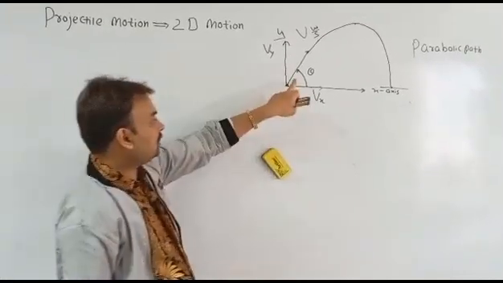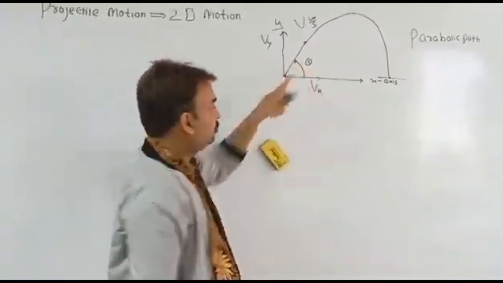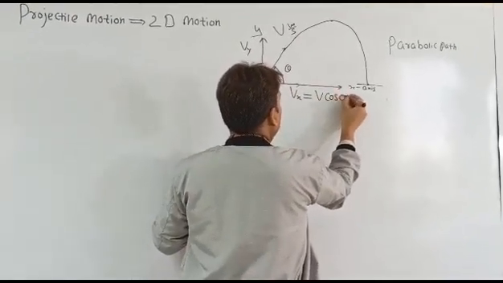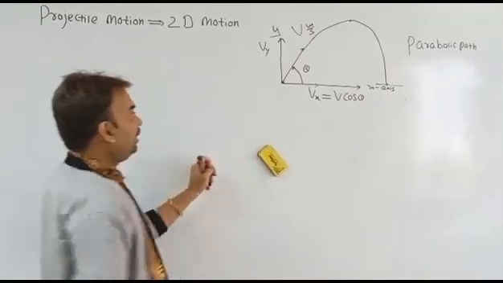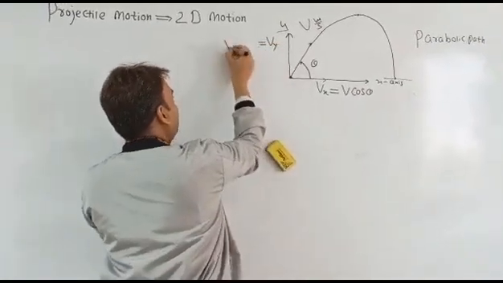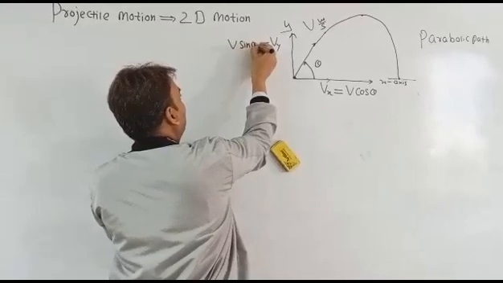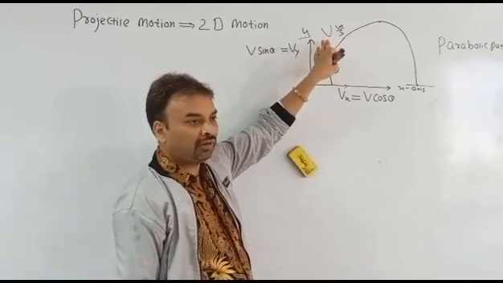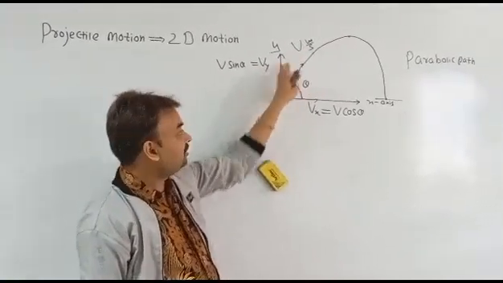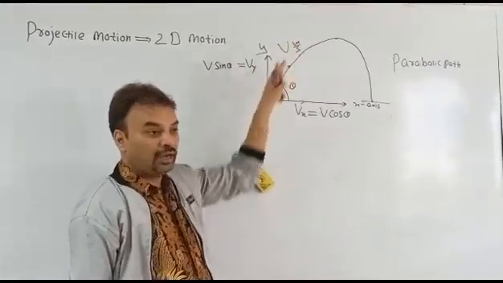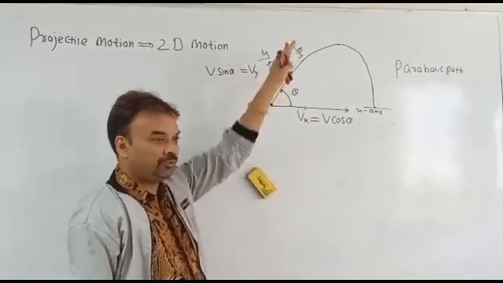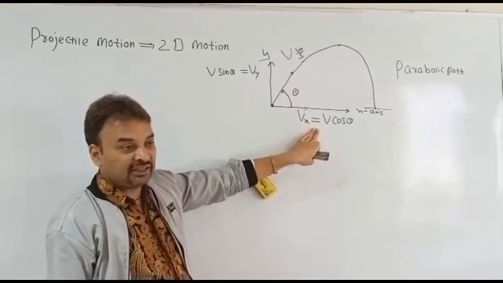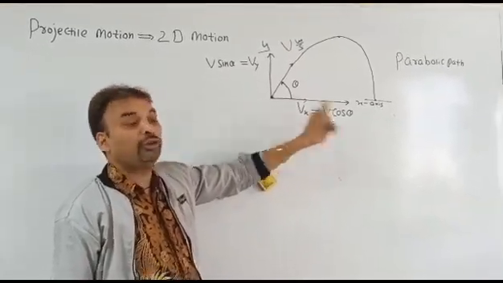Because we have angle theta, I can write vx as v cos theta and vy as v sin theta. Because this is a 2D motion, I resolve the projected velocity v, meaning I projected the object at a certain angle theta. So the velocity along the x-axis can be written as vx equal to v cos theta.